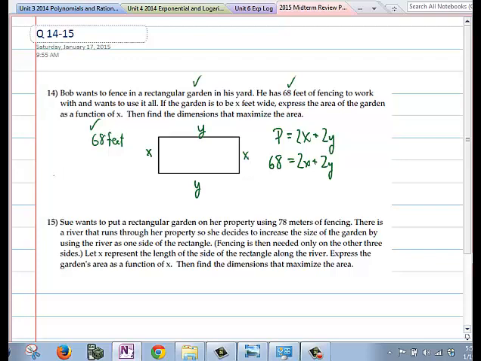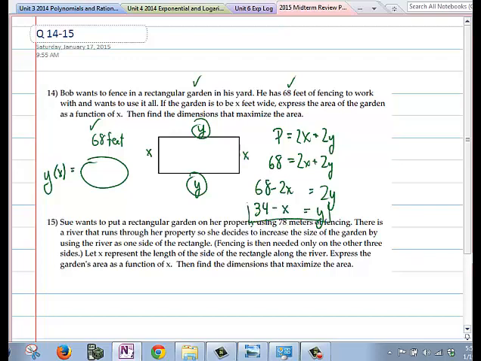So look at how nice and easy this is. If you solve for y as a function of x, you're going to get your answer. So I'll solve for y. There's 68 minus 2x, and we divide by 2. y equals 34 minus x.